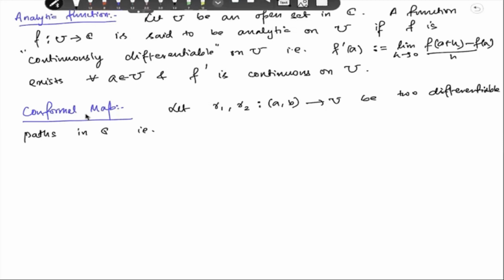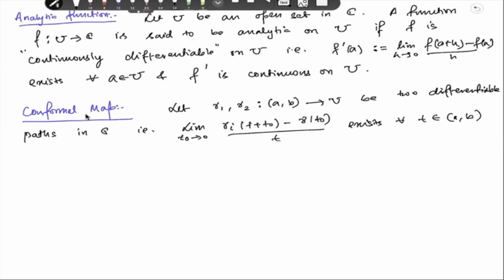The limit as t naught tends to 0 of gamma i of t plus t naught minus gamma i of t divided by t naught exists for all t belonging to this open interval (a, b), and for i equals 1 to 2.